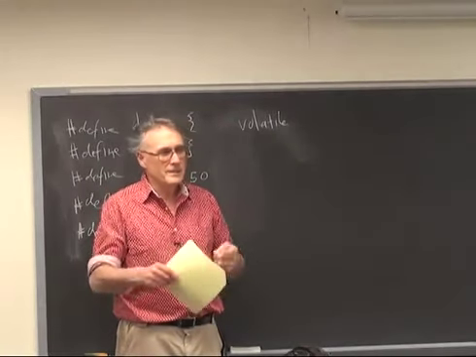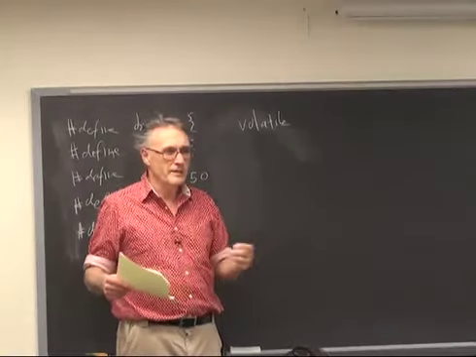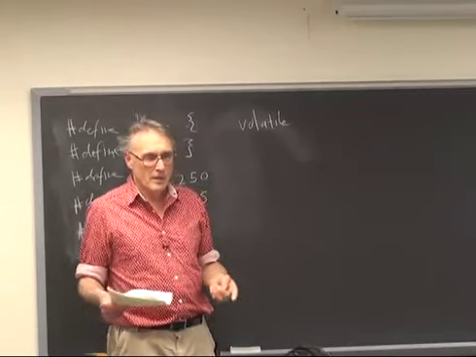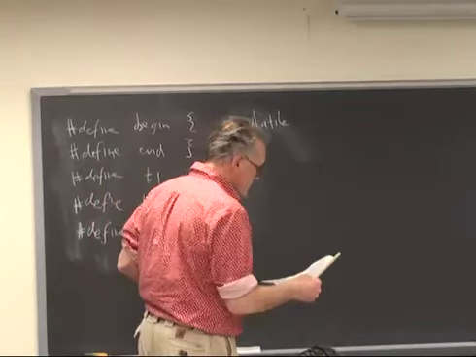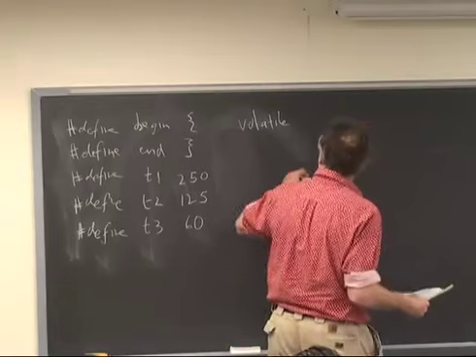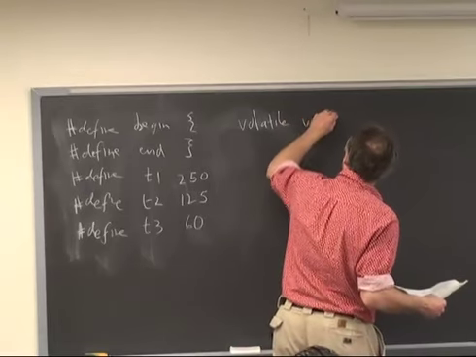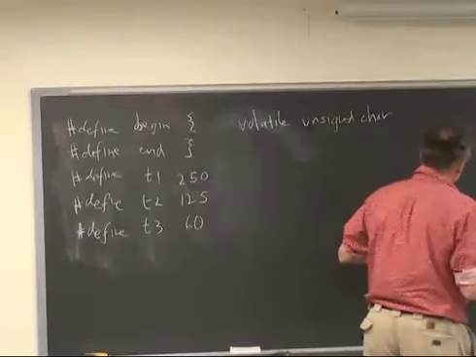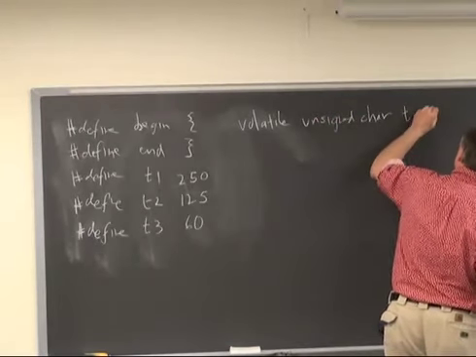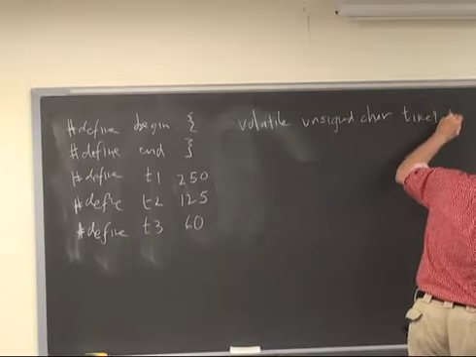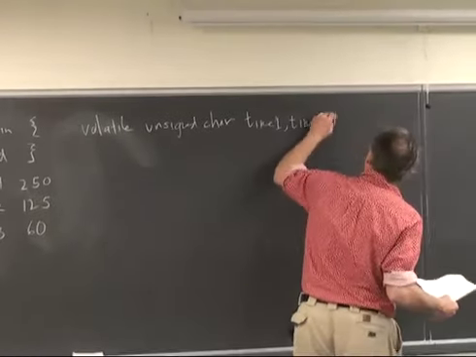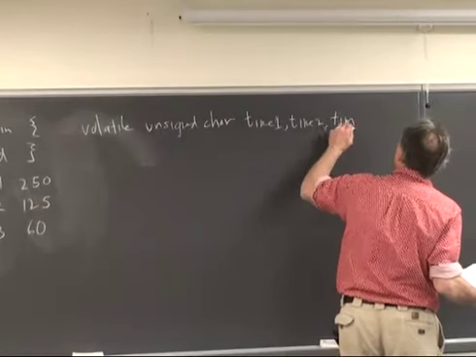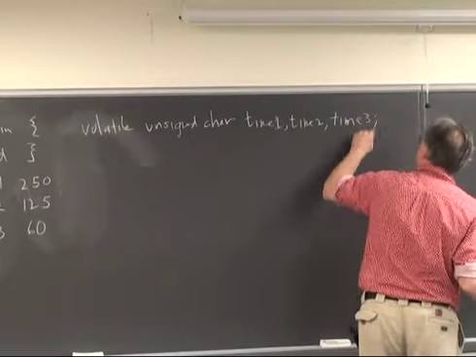You know, P's and B's and D's and Q's are just all circles with lines in different directions. I want a volatile unsigned char time1, time2, time3.